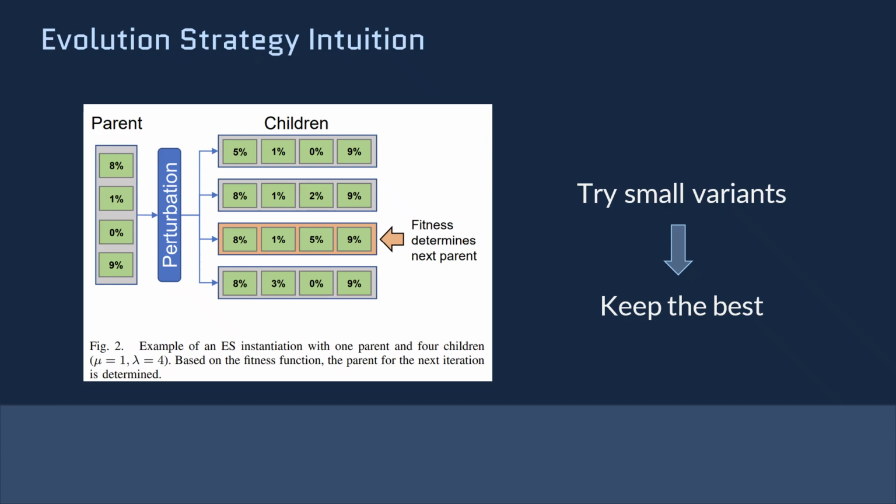From that parent, you generate a few slightly modified versions, which are the children. Now, each child is tested by running the fuzzing process using that child distribution. And you can see how much new coverage you get from each one of the children. Then, after the evaluation, you keep whichever child performs the best, and it becomes the parent for the next round. So you're basically trying these small variants and then keeping whichever one is the best and repeating that process over and over again.